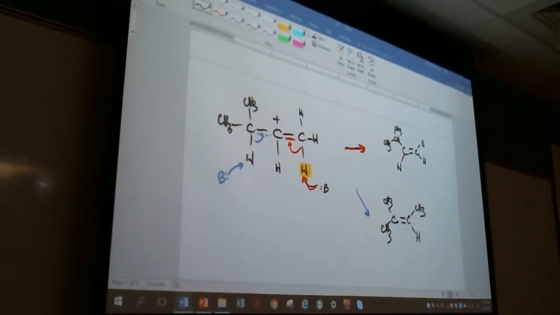Right, you remember that? So the yellow one is involving these atoms, and you end up with this double bond here. This is involving these atoms, and you end up with this double bond here. All right. So, which is my major product? The more substituted one, right?